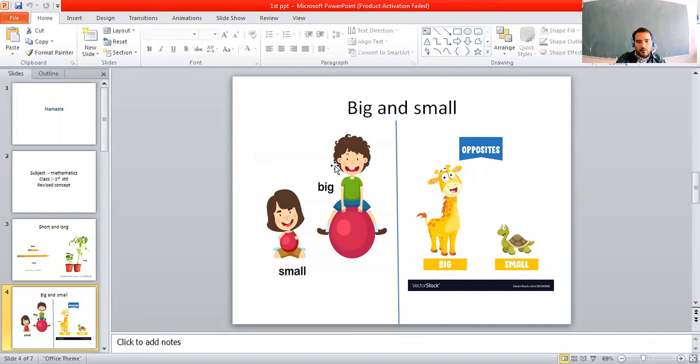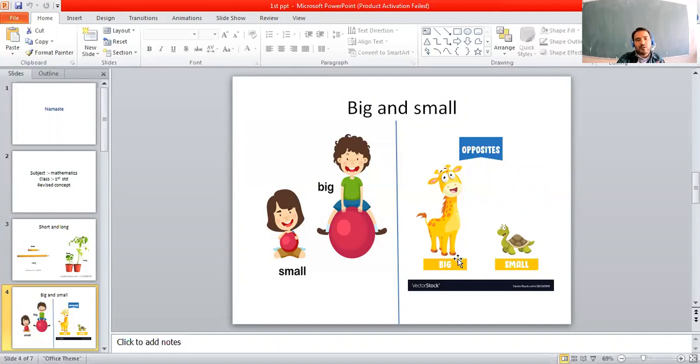Now look at this picture, the first picture on the left side. The boy is sitting on the big ball. Look at that, he is sitting on the big ball. Now the girl is holding a small ball in her hand. So now it is a big and small concept. Now go for the right side of the picture.